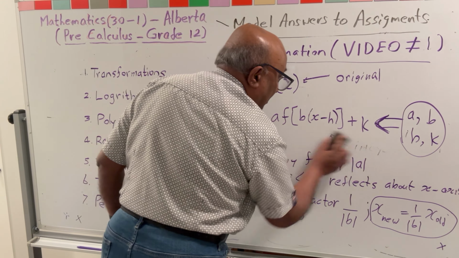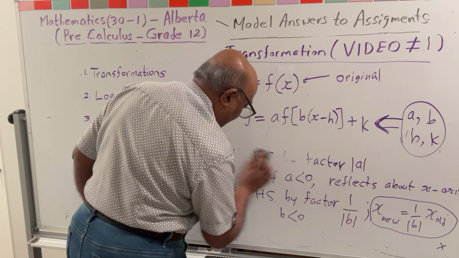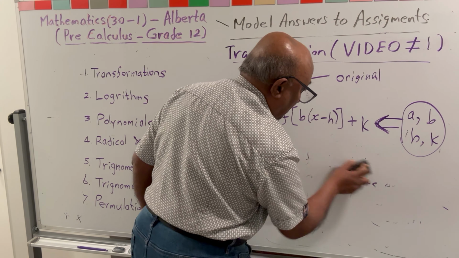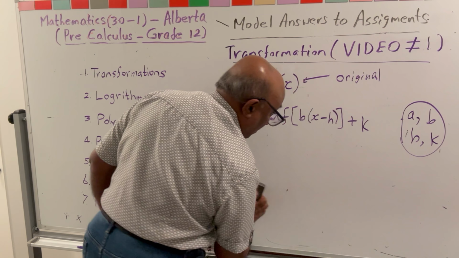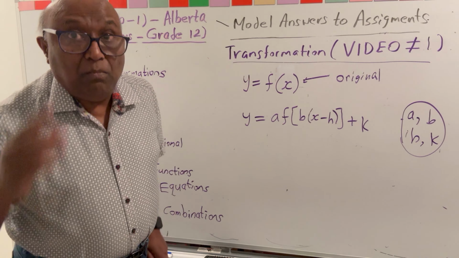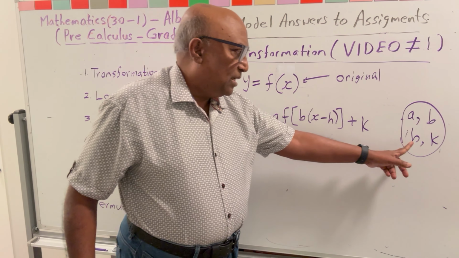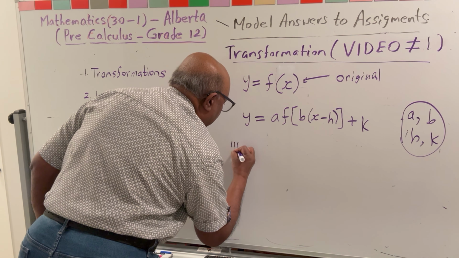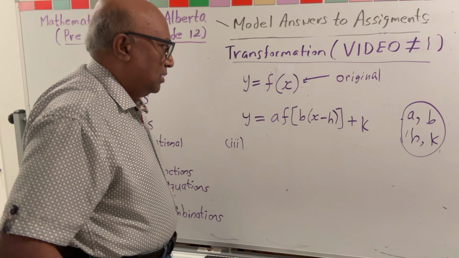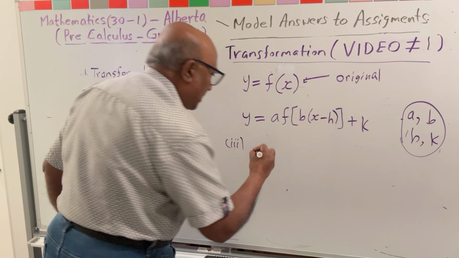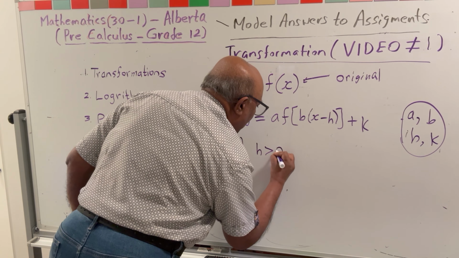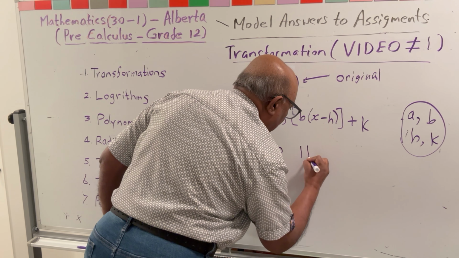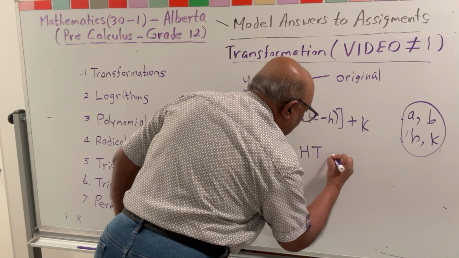Now let's discuss the effect of the other parameters h and k. This should be number 3. If h is positive, the function translates horizontally to the right.